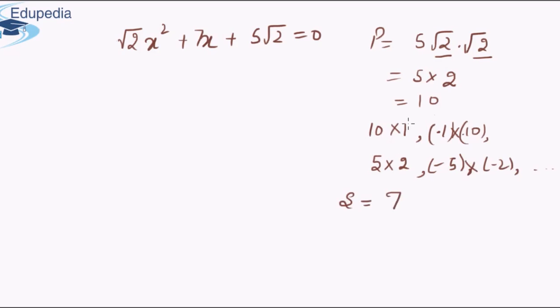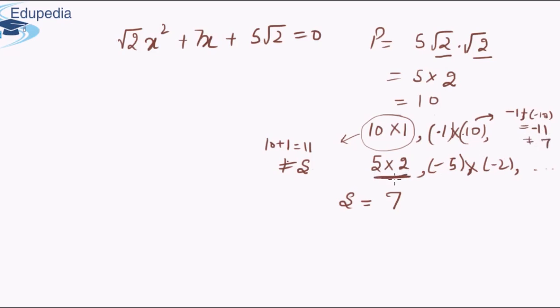Now if we pick the first product, 10 plus 1 is 11, which is not equal to our sum. Similarly, minus 1 plus minus 10 is minus 11, which is not equal to 7.